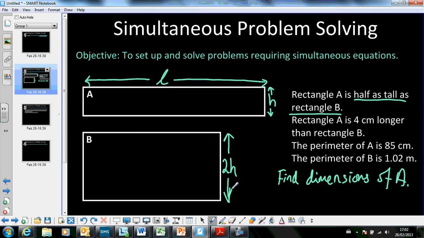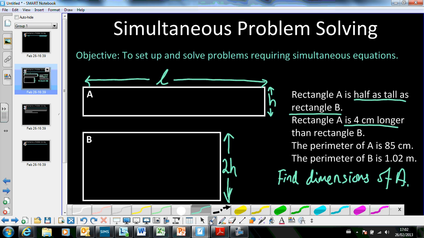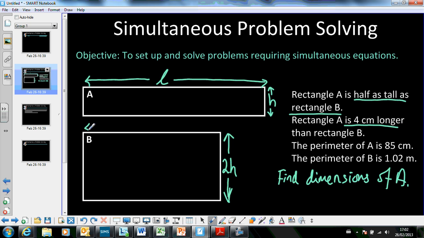And if A is 4 centimeters longer than B, then the length of B must be L minus 4 because it's 4 centimeters shorter.